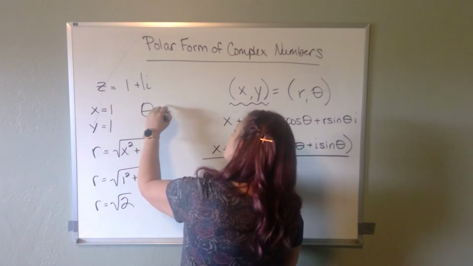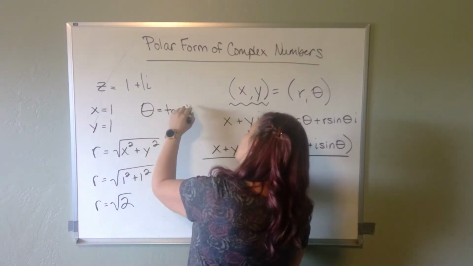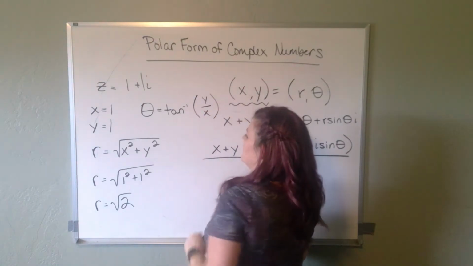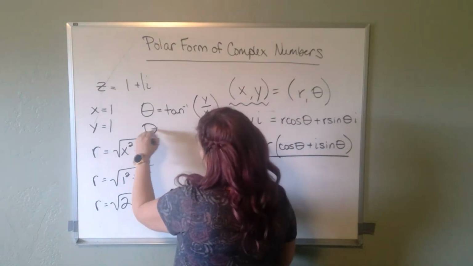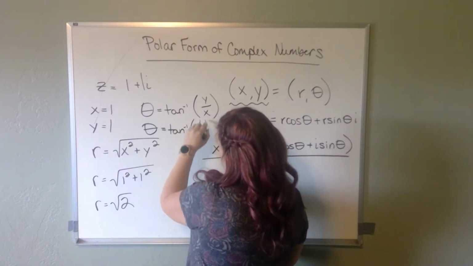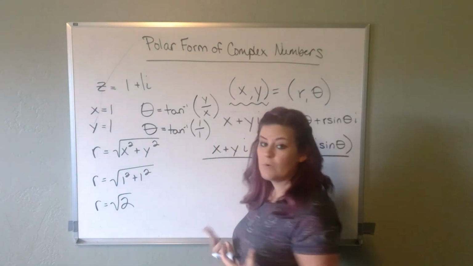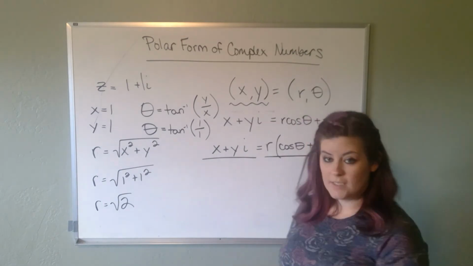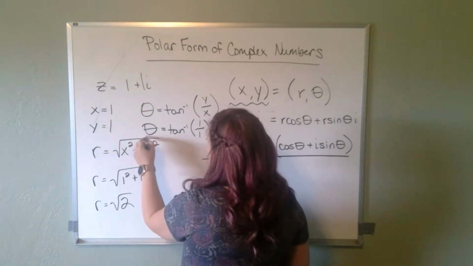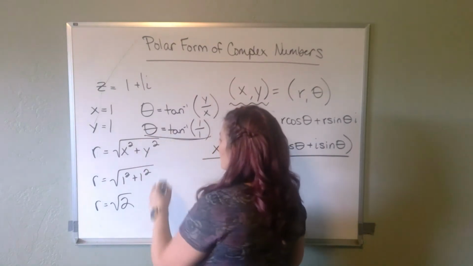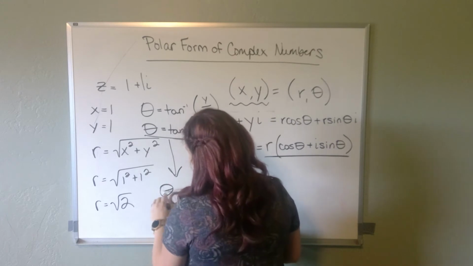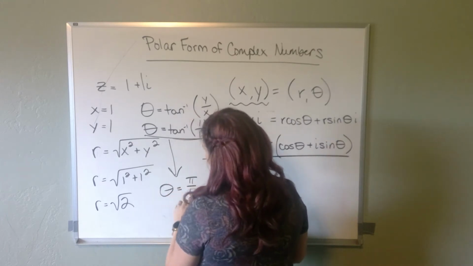Remember, theta is an inverse tangent of y over x. So that's the inverse tangent of 1 over 1. And you guys, where is tangent 1? Well, tangent is 1 at pi over 4. So the inverse tangent of 1, I'm a little crazy on the board right now, but I get a theta of pi over 4.